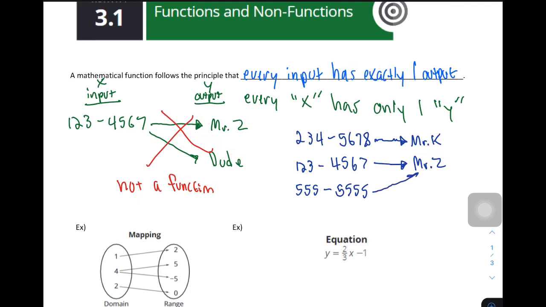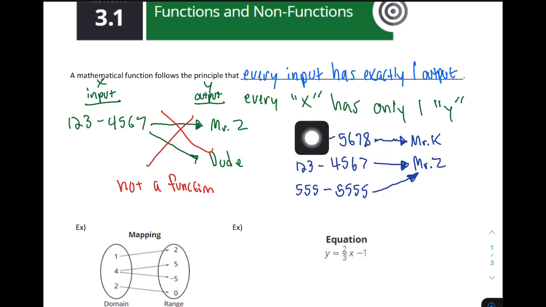And if you call that, it also goes to me, because I have two cell phones. Is this scenario still a function? Does every input have exactly one output? And the answer to this is yes. This is still a function.